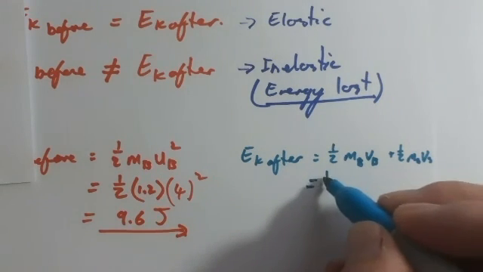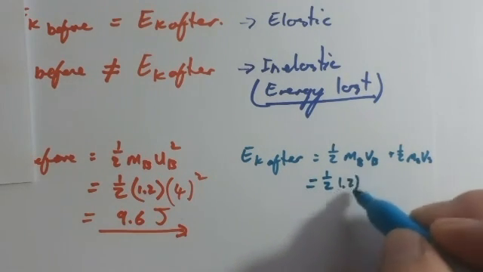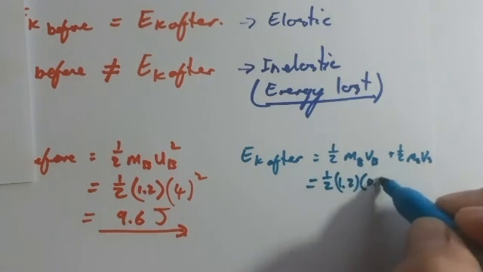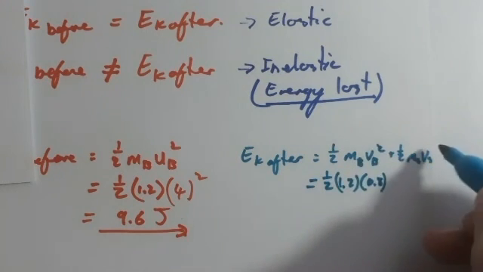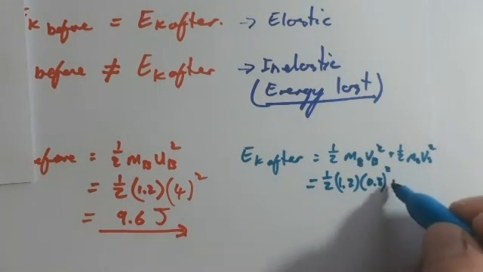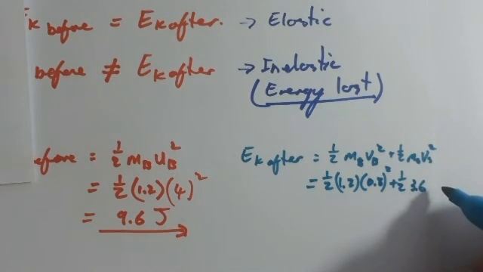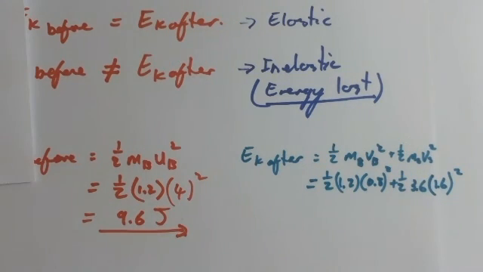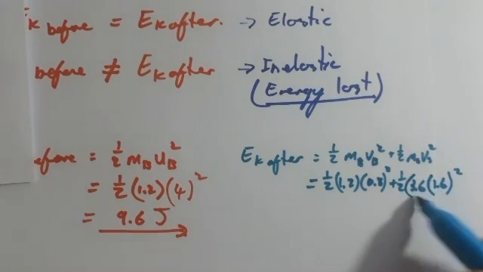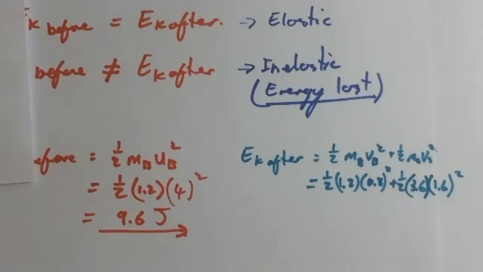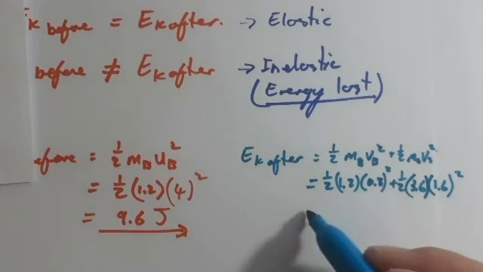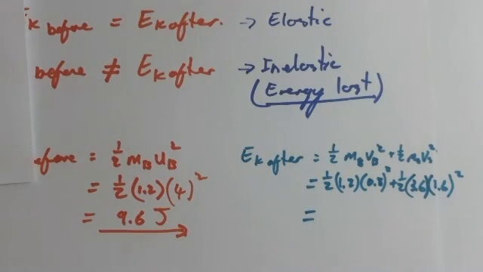So a half 1.2 and it is 0.8 squared, a half 3.6, and what is the velocity of this that we calculated? 1.6 squared. All right, so let's do our calculation for that.